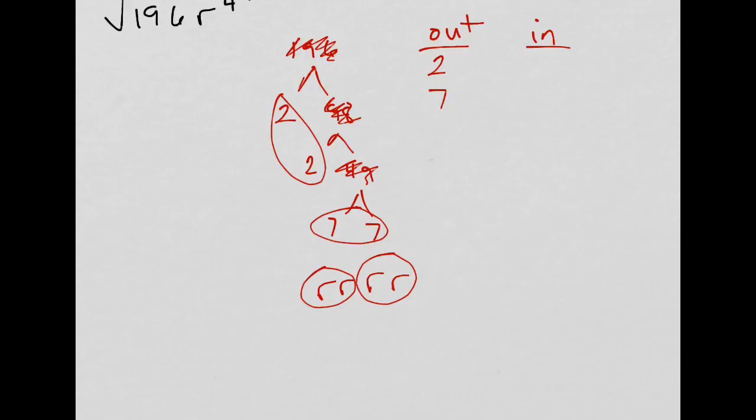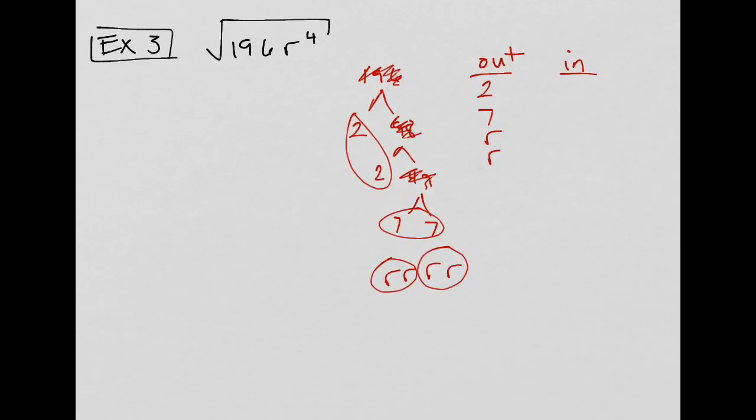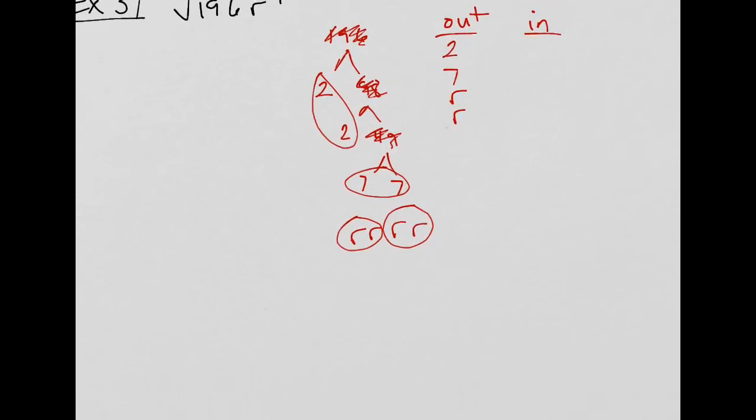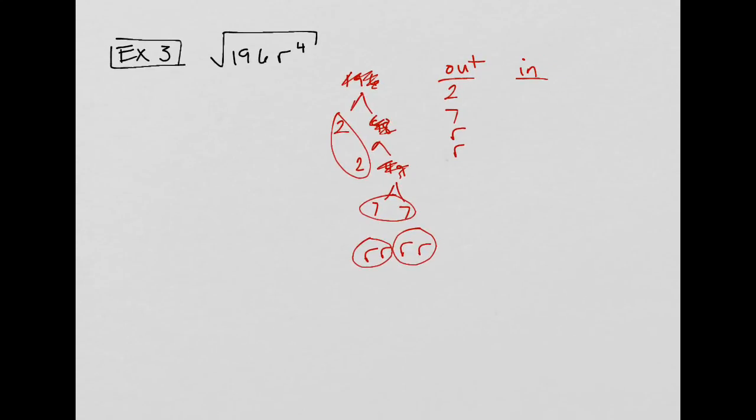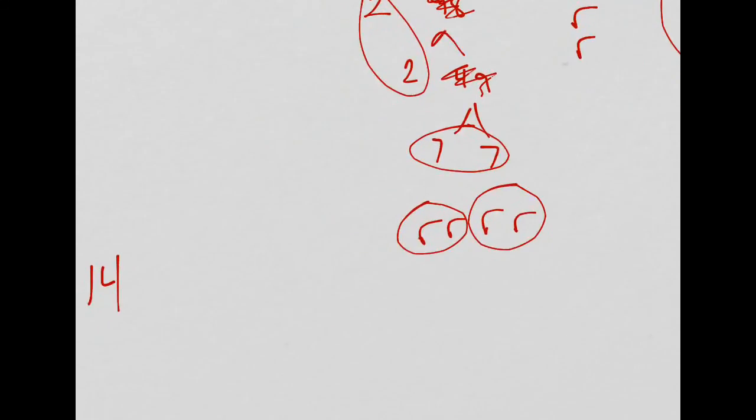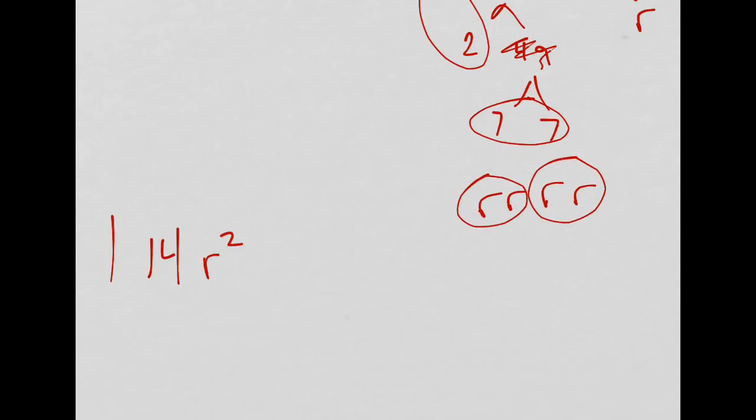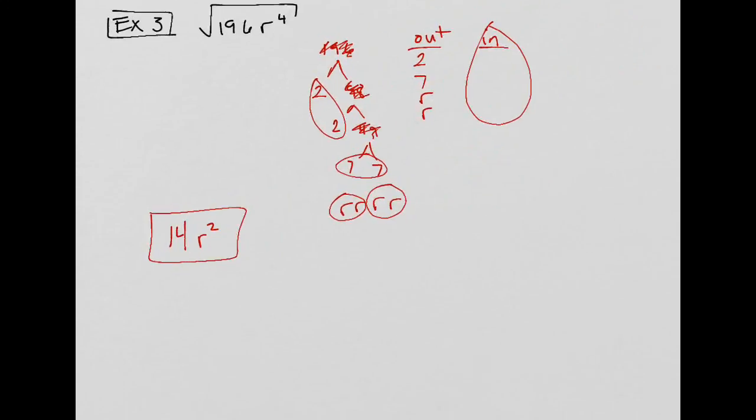Square root of r squared is, well, that's outside as well. R and R, right? Because I have one from there and the other from there. Okay, so nothing on the inside. There's absolutely nothing on the inside. So 2 times 7 is 14. R times R is r squared. There's nothing on the inside. That's it.